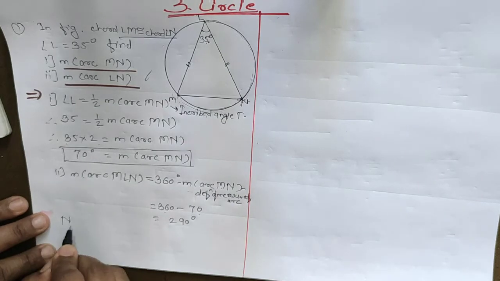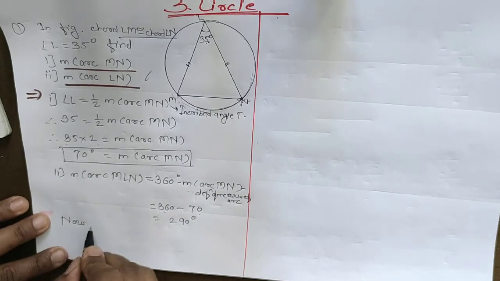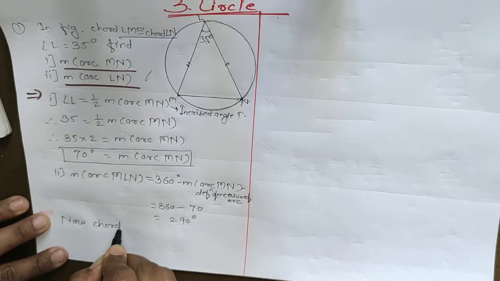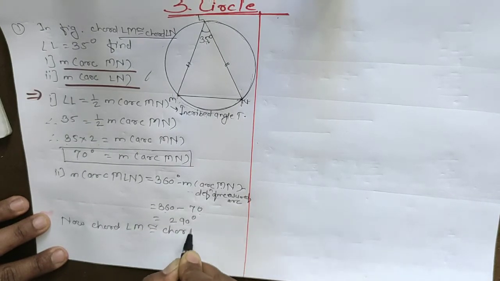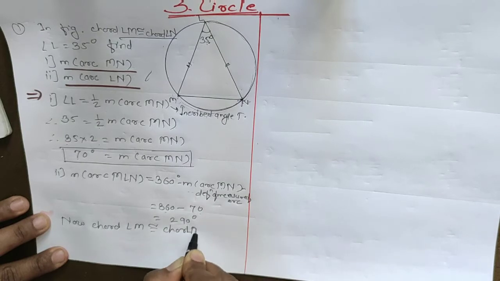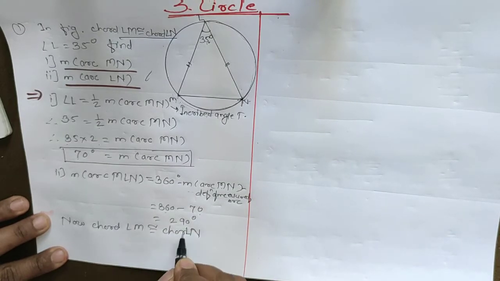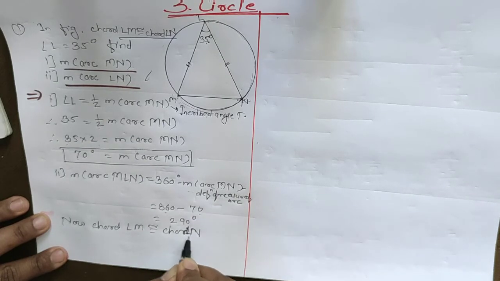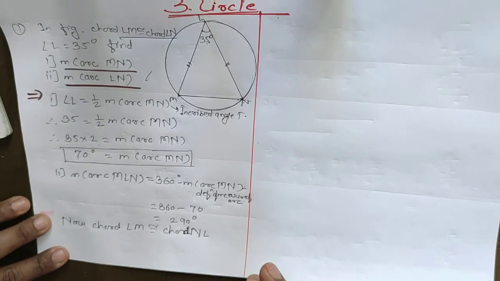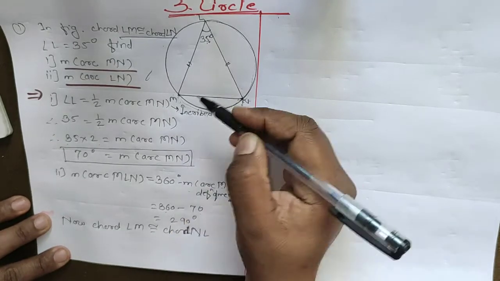As we know, chord LM is congruent to chord LN. If they are congruent to each other, then the arcs are also congruent to each other.